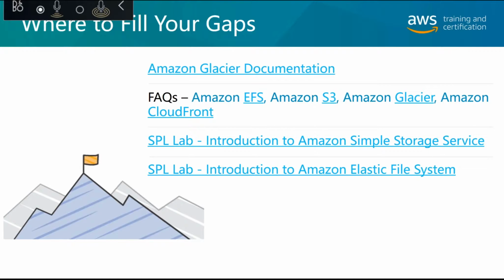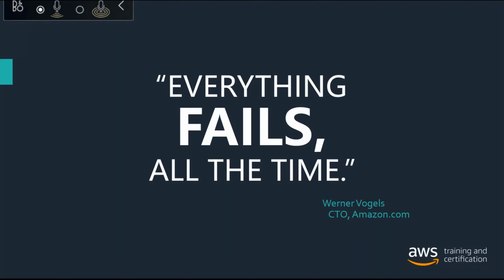So review the difference between EFS, S3, Glacier, and also what CloudFront does. And CloudFront is our content delivery network, or CDN. And then I put for you in the PDF file, if you want to go do some labs and just practice a bit, some links to that.